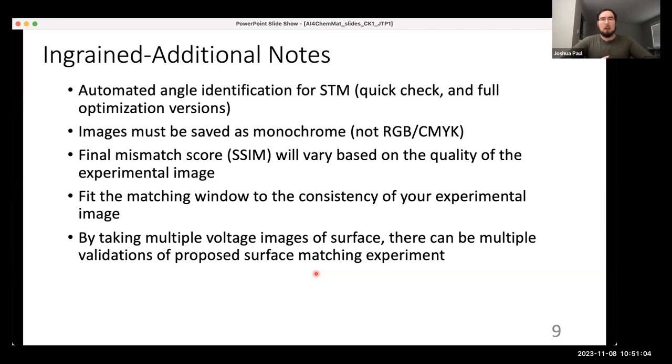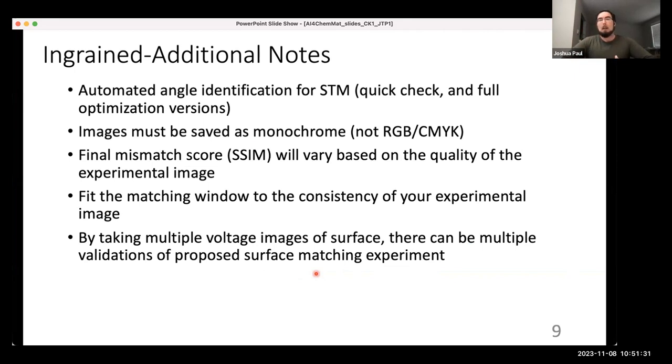So you'll want to fit the actual window for your theoretical image against your experimental image. You saw previously that the theoretical image wasn't the entire range of the experimental image because you want to be able to scan across to find the best match. But if your window's too small, then you're not going to necessarily capture the right periodicity.